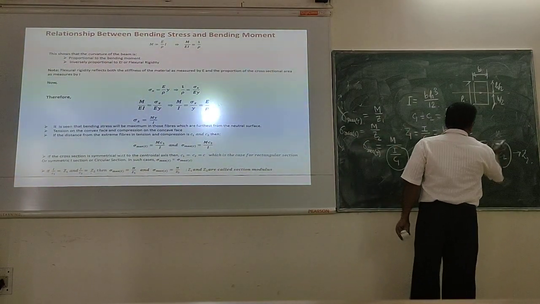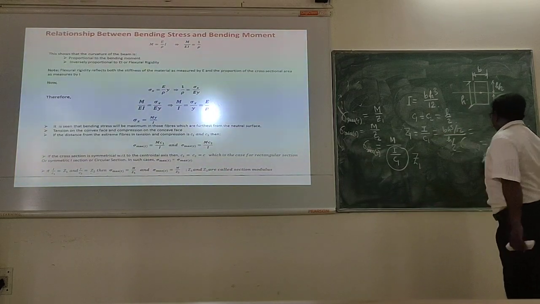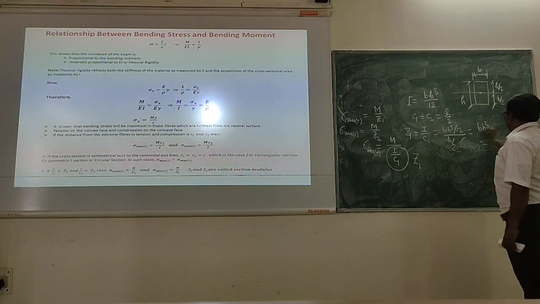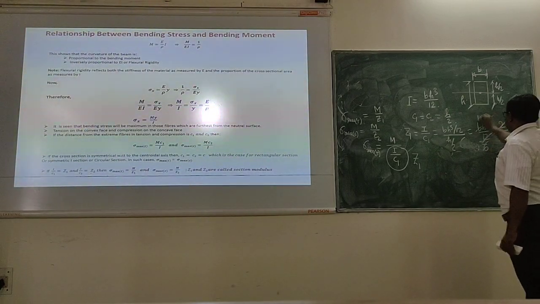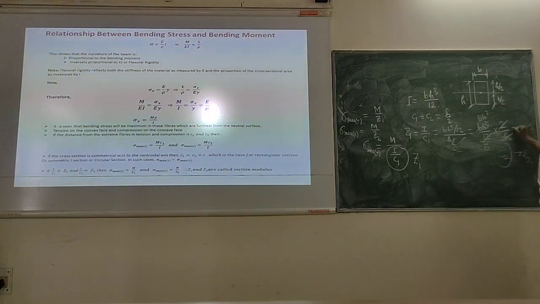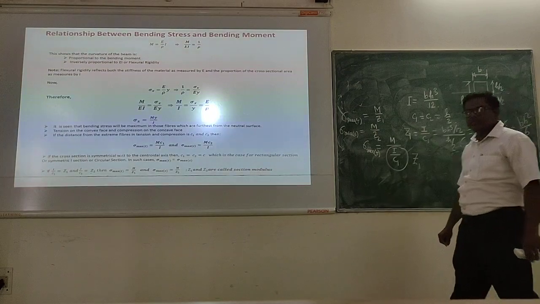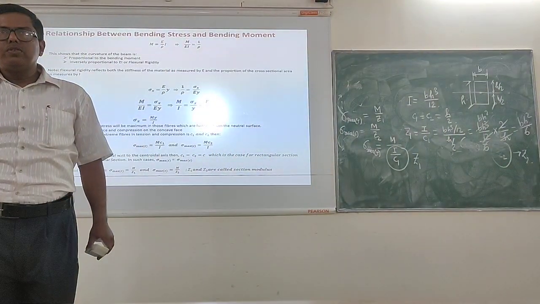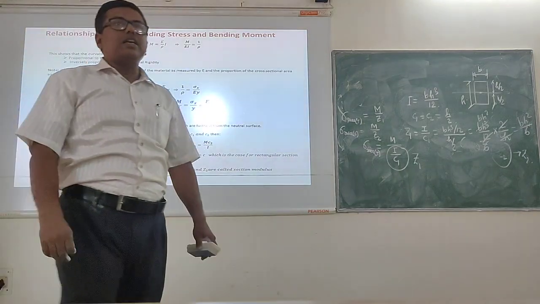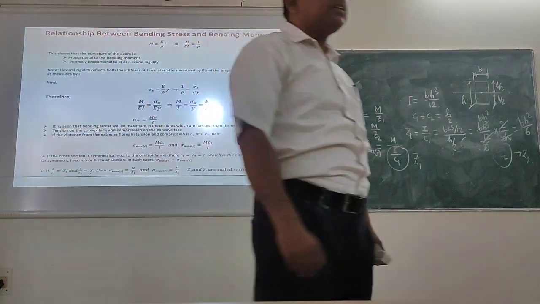So this will make it BH cubed by 12 into 2 by H. So 2 sixes are 12, H cubed by H gives H squared. So how much will it come? BH squared by 6. Correct? Have you understood? So what is the section modulus for a rectangular section?